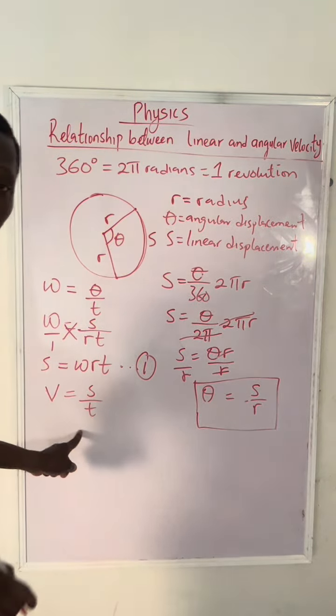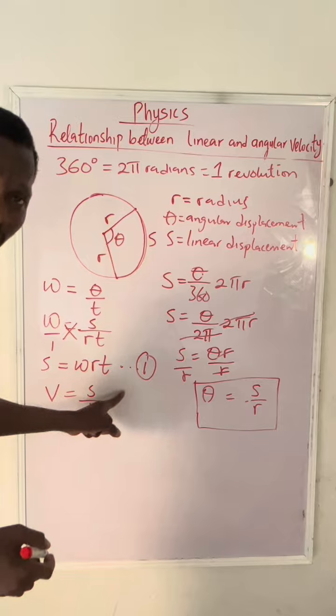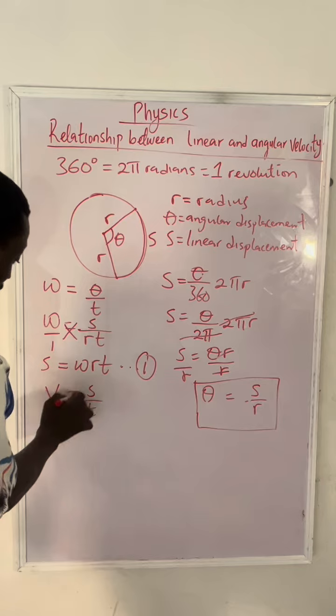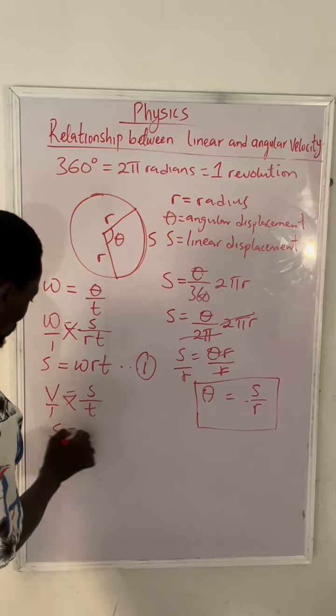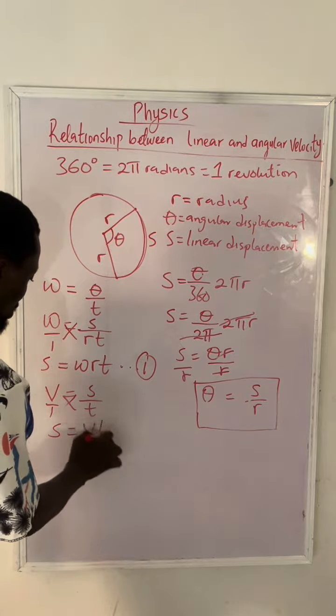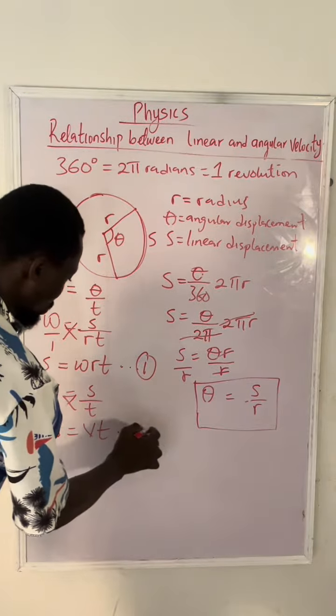Am I right? Good. So once you know that, let me make S the subject of the formula here also. I can do that by putting over 1, then cross multiplying. So S times 1 gives S, equals V times T, which is VT. Now let me call this equation 2.